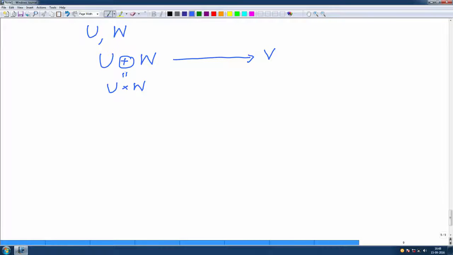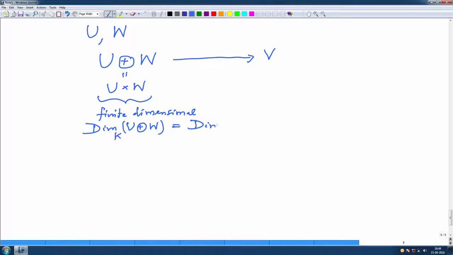Also note that if U and W are finite dimensional, then this is also finite dimensional, and the dimension of this will be equal to the sum of their dimensions. This is also very simple to prove.